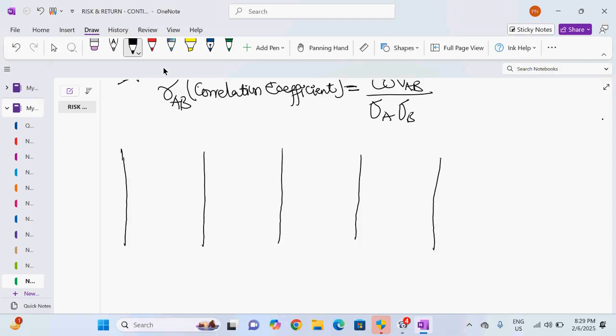Should I even bring the probabilities, all those stuff?